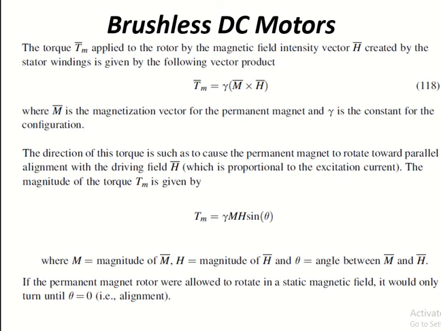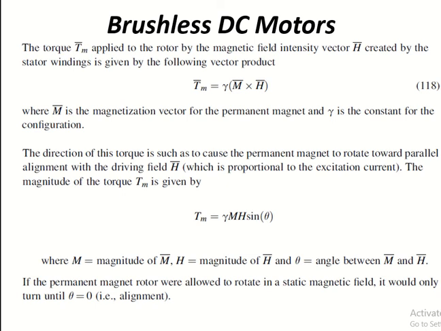The direction of this torque is such as to cause the permanent magnet to rotate toward parallel alignment with the driving field. The magnitude of the torque is given by Tm, which is equal to the product of gamma, M magnetization vector, H magnetic field intensity, and sine theta, where theta is the angle between M and H.